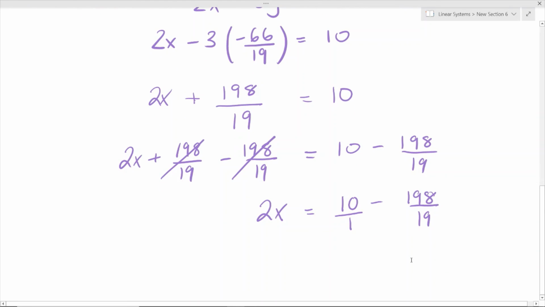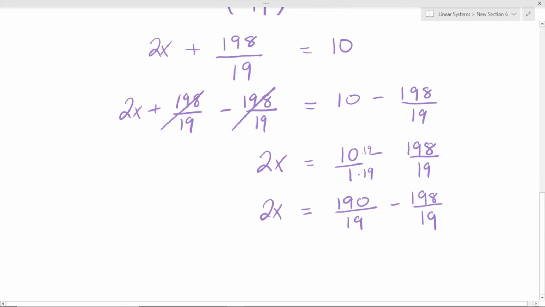So if I recognize that as 10 over 1, I can multiply this to get a common denominator, which is 19. So I'm going to multiply 1 times 19 to give me 19, so I get the same denominator, multiply by 19 here, and 19 times 10 gives me 190. This is all over 19 minus 198 over 19.